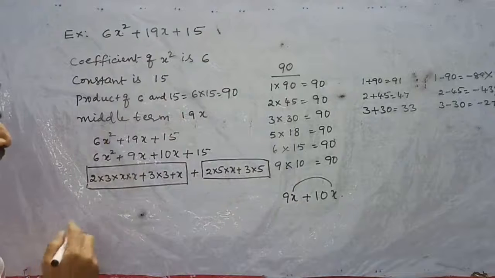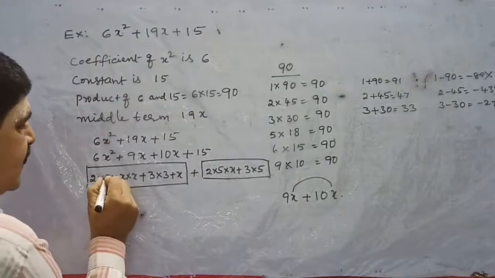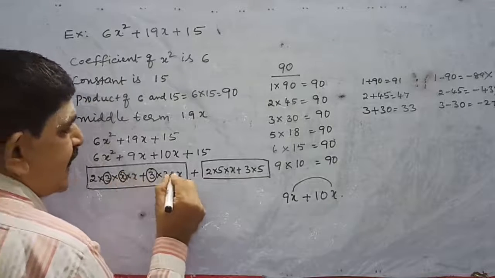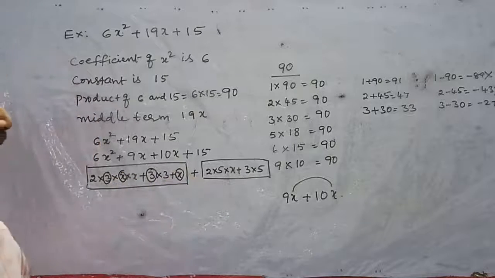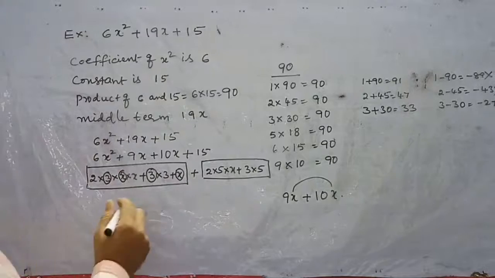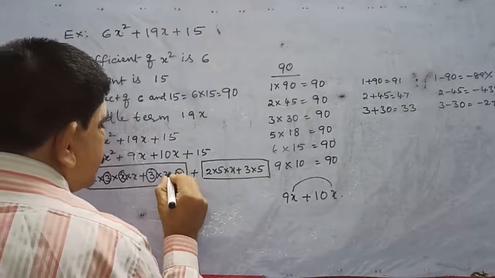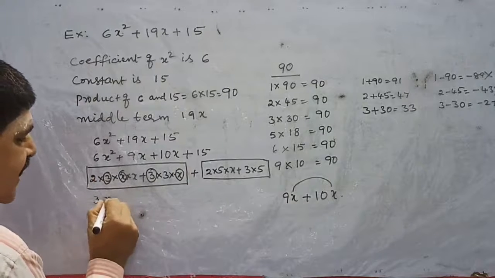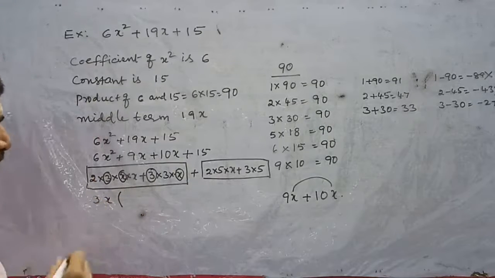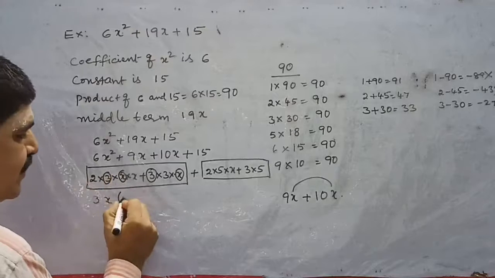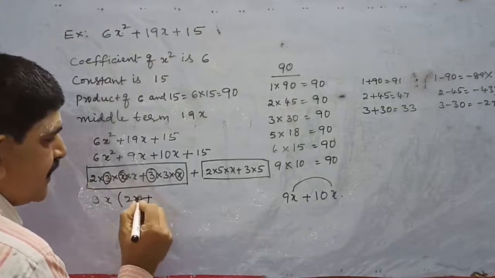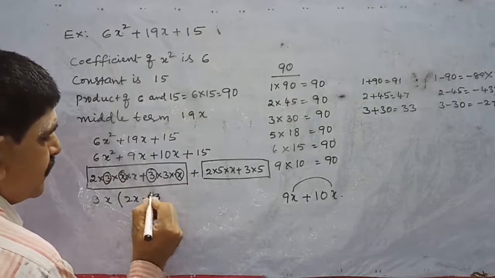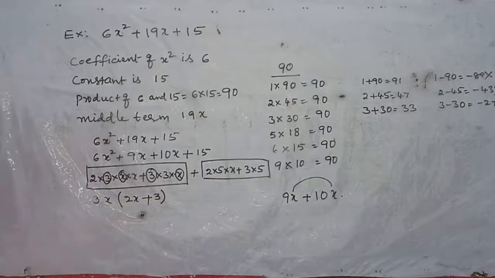Now, in the first half, what are the common factors? 3 here and 3 here. Next x. So 3x is the common factor. Next, remainder 2 here x, so 2x plus here 3. 2x plus 3.